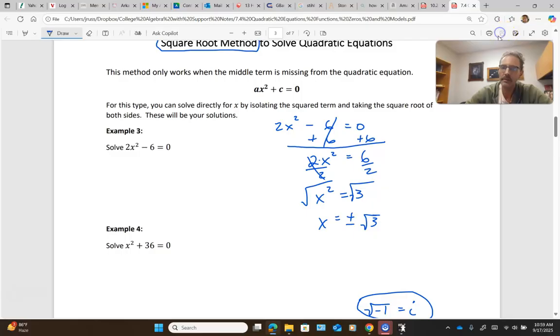A rule of thumb is that whenever you are solving an equation and you have to take the square root of both sides, you're always going to have a positive and a negative root. So don't forget that. So those are the two solutions for x. We could write x is equal to positive square root of 3 and negative square root of 3.